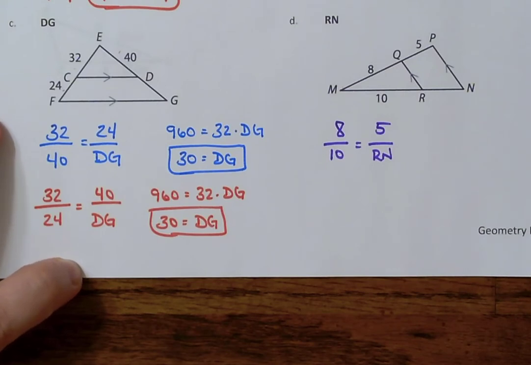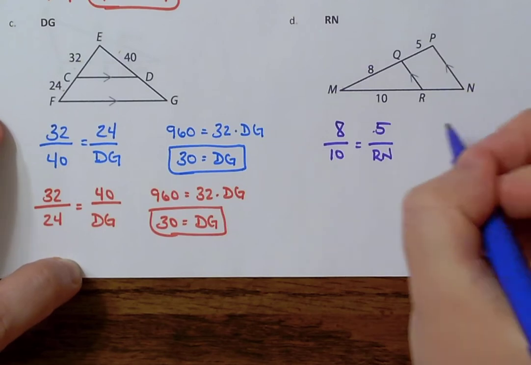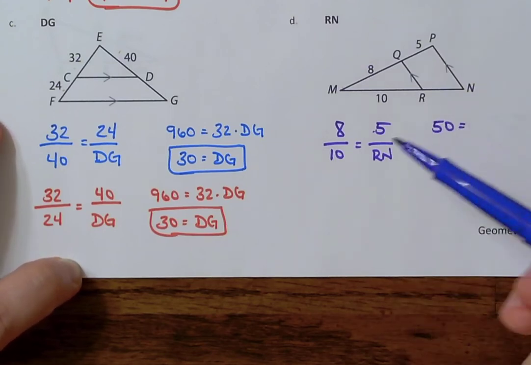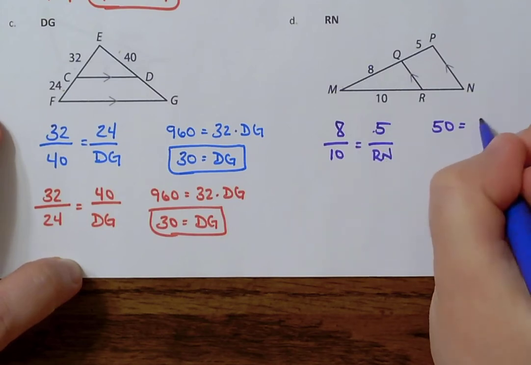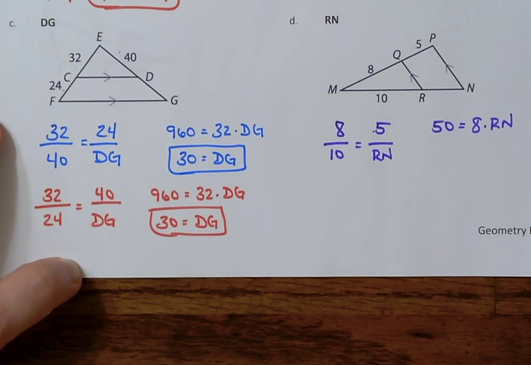Now that I have my proportion set up, if we multiply, 10 times 5 gives me 50, and then 8 times RN is just that. Then all I have to do from here is divide.